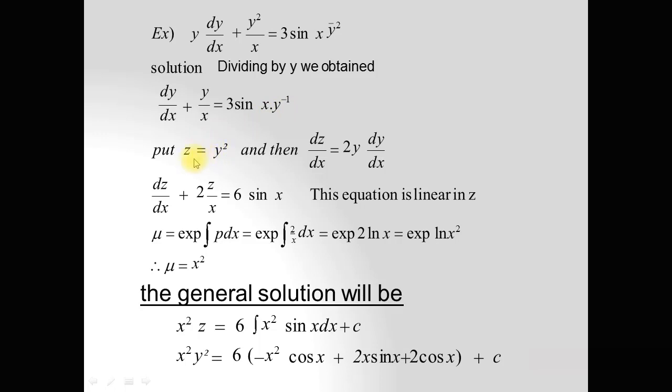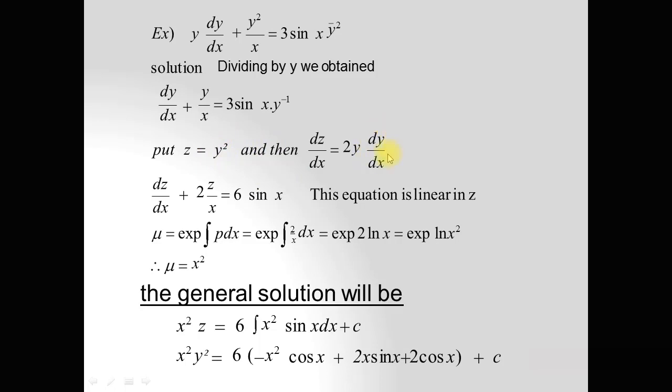Now using a substitution, for example z is equal to y square, and then taking the derivative with respect to x, dz by dx is equal to, using the power rule, 2y into dy by dx.